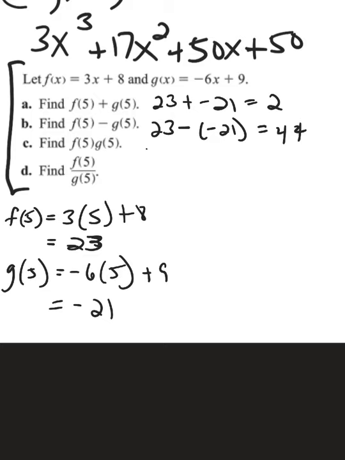If you multiply them, 23 times negative 21, I'm going to have to put that in my calculator. Negative 483. And then we have the f of 5 over the g of 5. There you go.